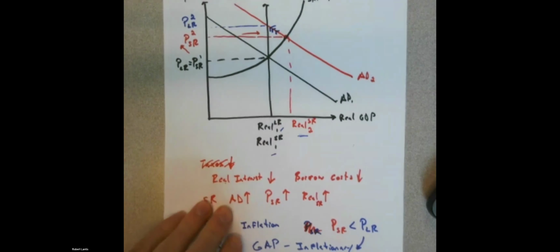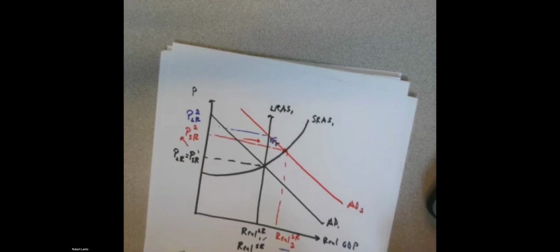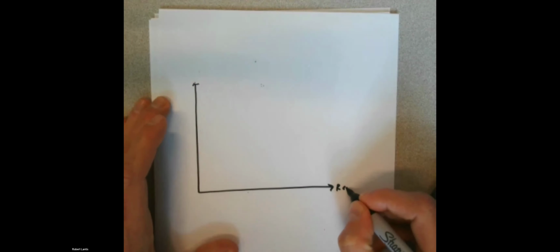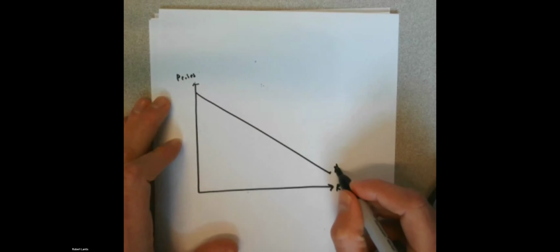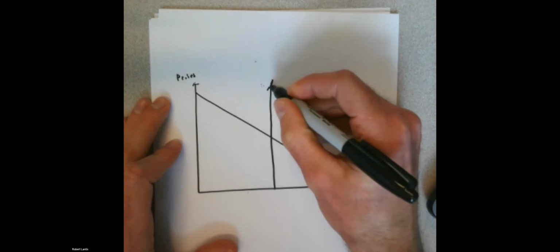Okay. So just to take this slow and make sure that we're having a good understanding, I'm going to draw out the next one as well. And everything just gets flipped. So let's say I had my real GDP here. I've got my prices. I've got my aggregate demand curve. I've got long run aggregate supply.